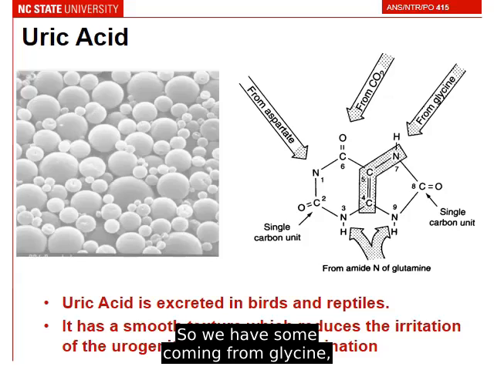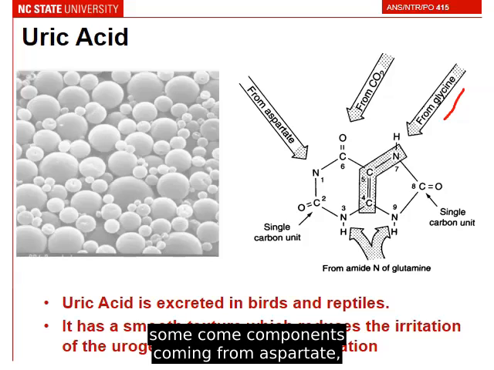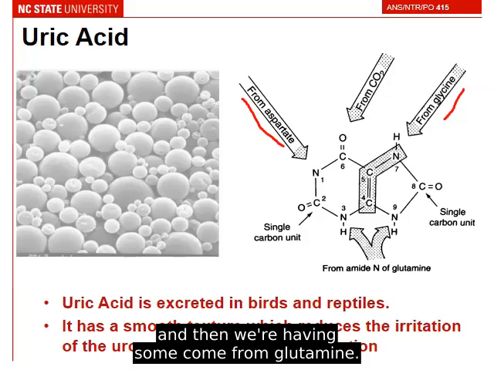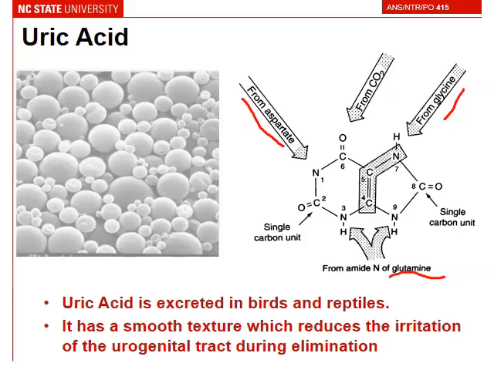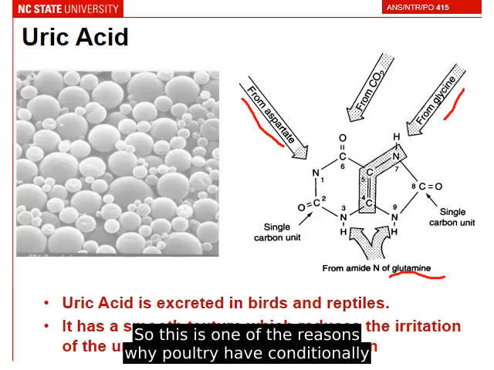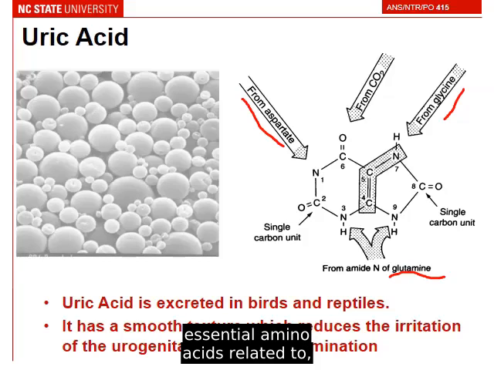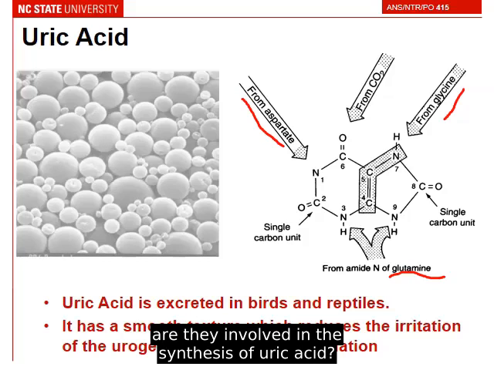We have some coming from glycine, some components coming from aspartate, and some coming from glutamine. This is one of the reasons why poultry have conditionally essential amino acids, because they are involved in the synthesis of uric acid.